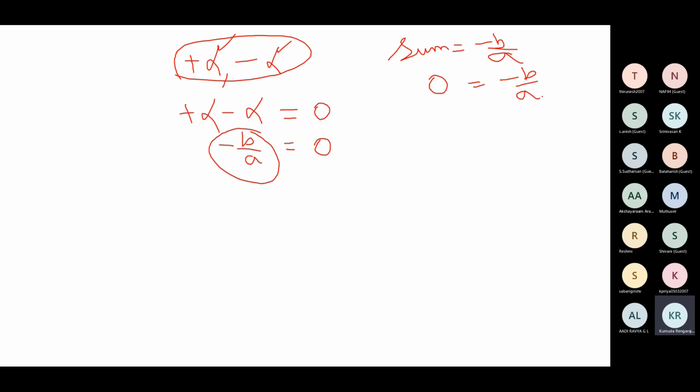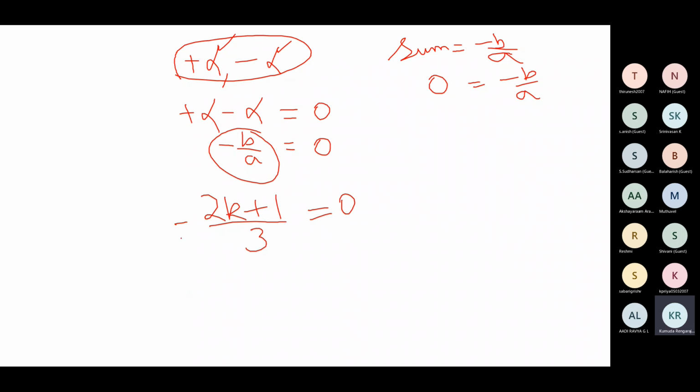Now what is b? What's the value of b, children? 2k plus 1. The value of b is 2k plus 1 over a, minus b by a. What's the value of a? 3, ma'am. Is equal to 0.